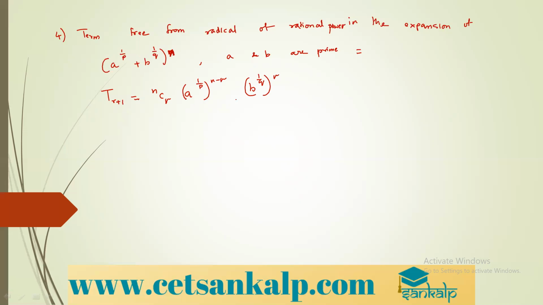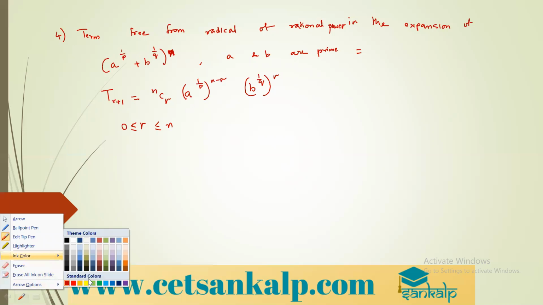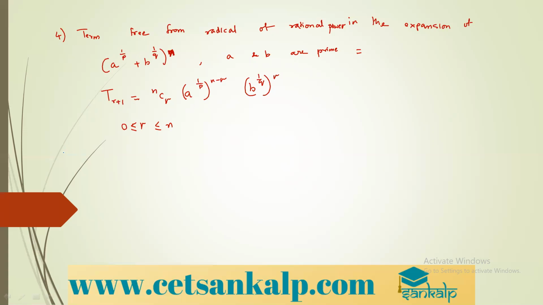Now I have to inspect this carefully, and put the values of r carefully. You can take from 0 to n, any value for r. That is the thing you will know if you observe one example again.